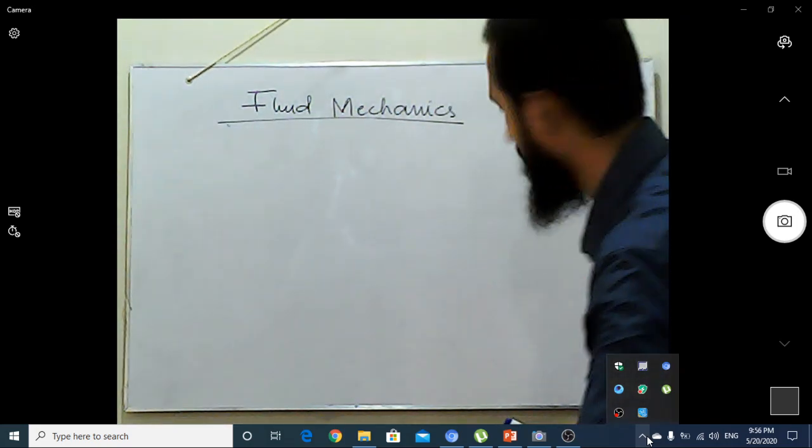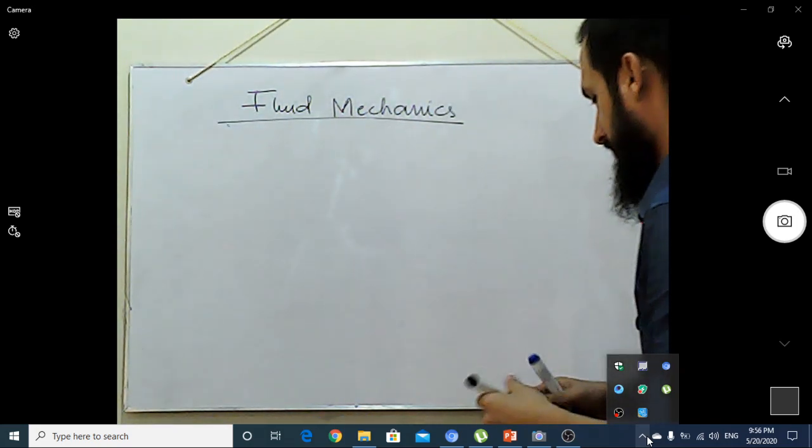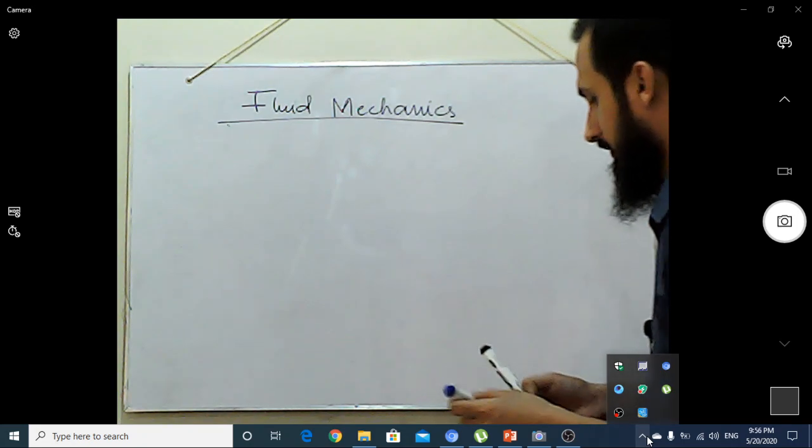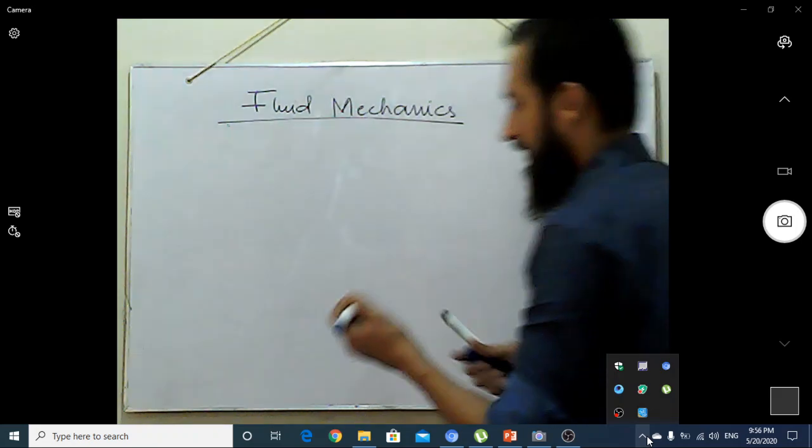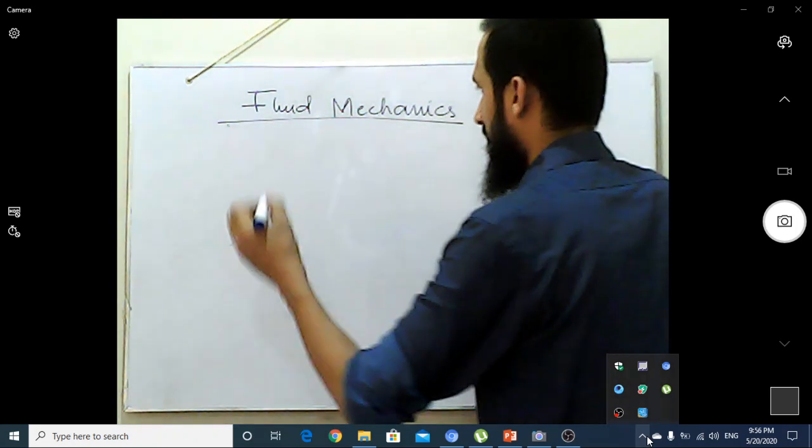Let's suppose the motion of a submarine. The submarine runs under the sea in a certain manner.